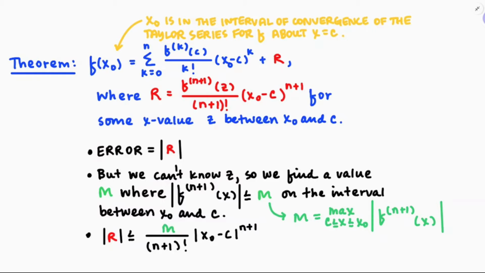So that gives us our error bound. Error is the absolute value of r. Error is less than or equal to m over n plus 1 factorial times the absolute value of x0 minus c to the n plus 1 power, because that is also something that could be negative. So we know the absolute value will be less than this if we make everything positive and take the maximum possible value of each thing.